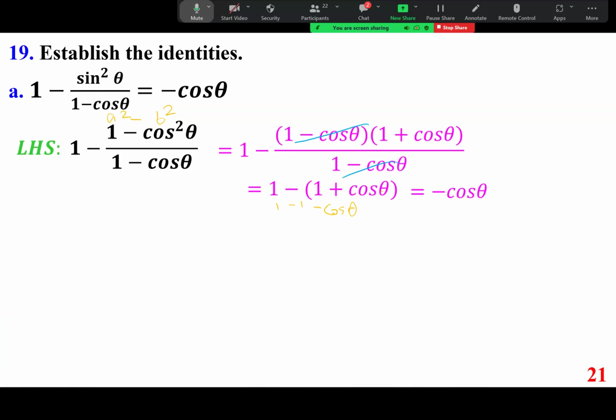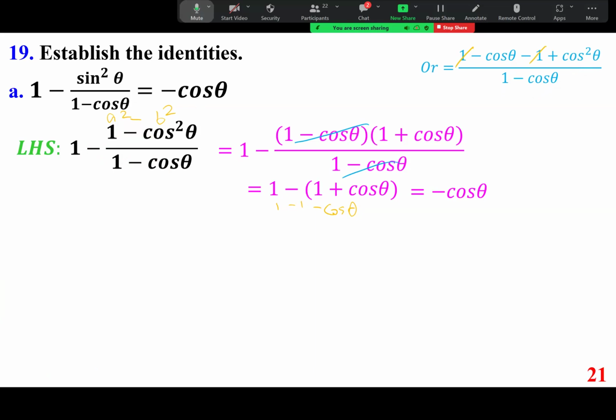If we take a common denominator, that works out the same way, just quickly. So change this to 1 minus cosine theta over 1 minus cosine theta. So we get 1 minus cosine theta, and apply the negative sign, minus 1 plus cosine squared over 1 minus cosine theta. So what you're looking at, 1 and negative 1 cancel each other.